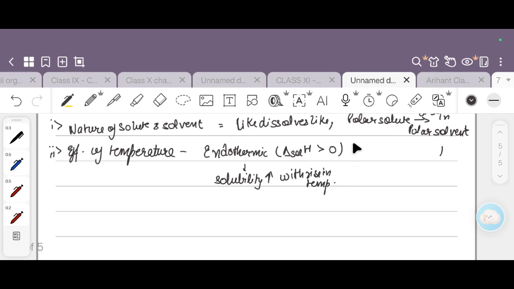And for an exothermic process, the enthalpy of solution is less than 0, and for such processes solubility decreases with rise in temperature.